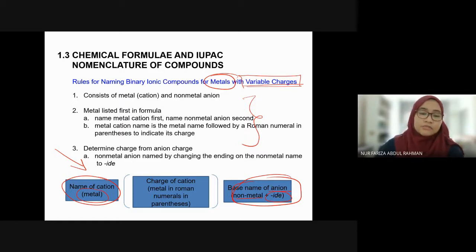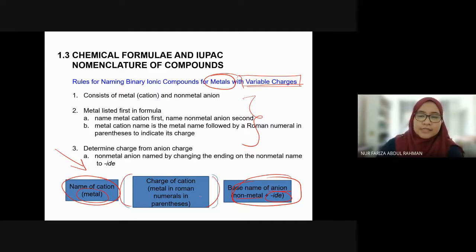The only additional info that we add in is the bracket here.